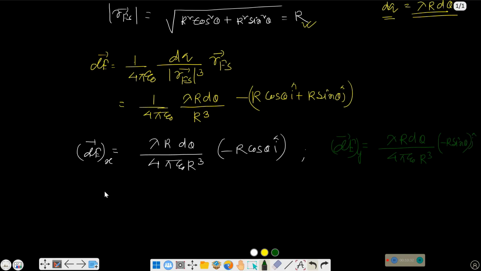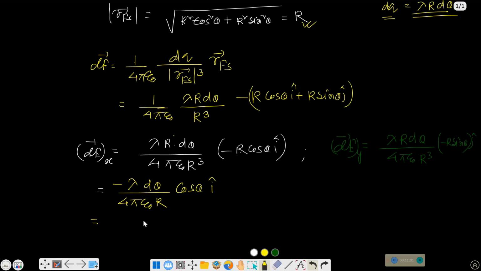Now we will simplify this. Here we can cancel out, this r will come out, so r square in the numerator, and in the denominator it will be r cube, so it will be lambda into d theta divided by 4 pi epsilon naught r, with minus cos theta i cap.